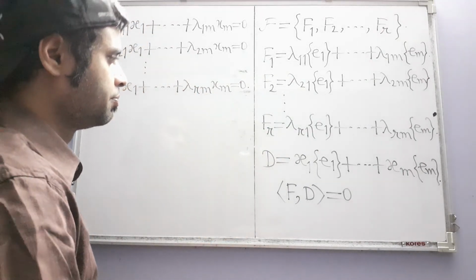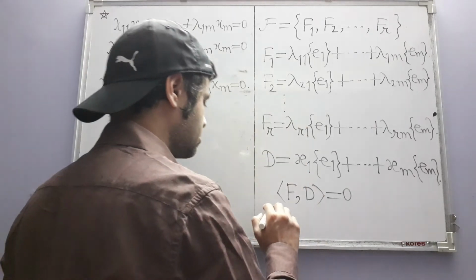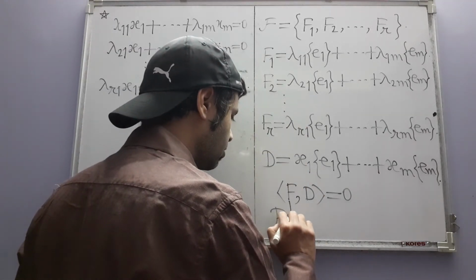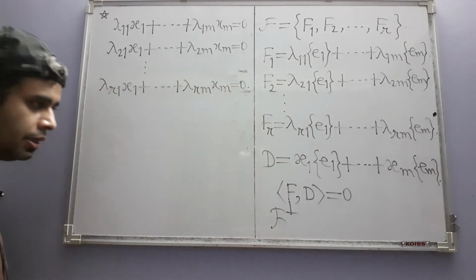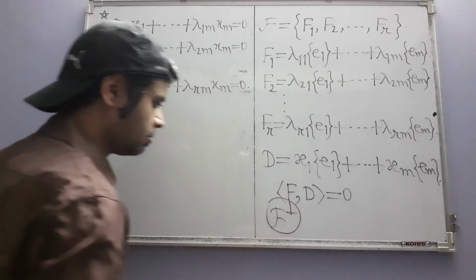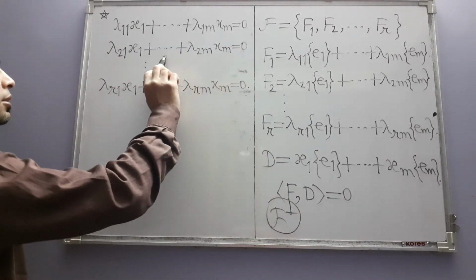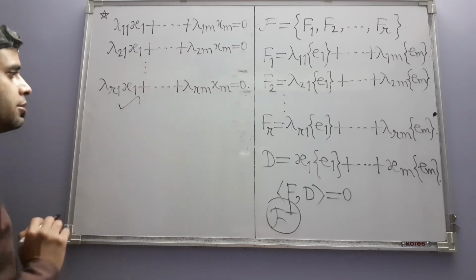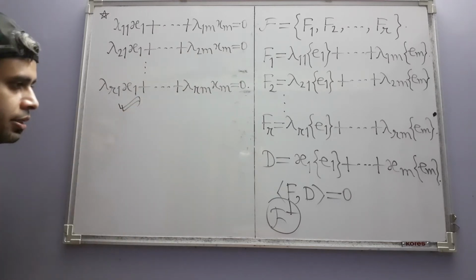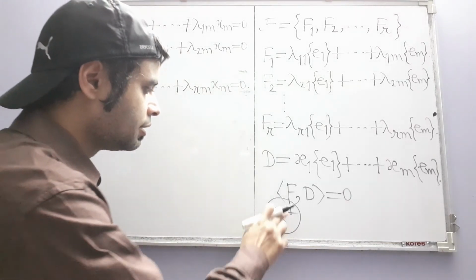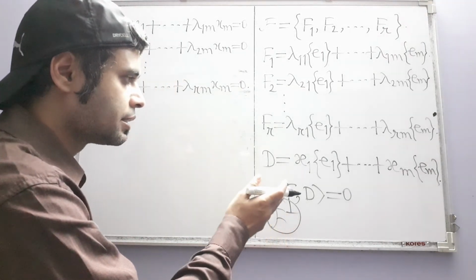So that's why this space F perpendicular corresponds to the solution space of this system of linear equations, from which it can be easily understood that this is a vector space.